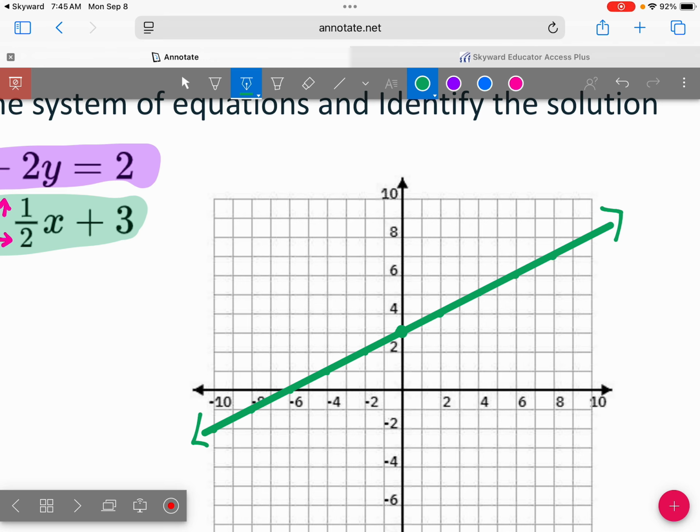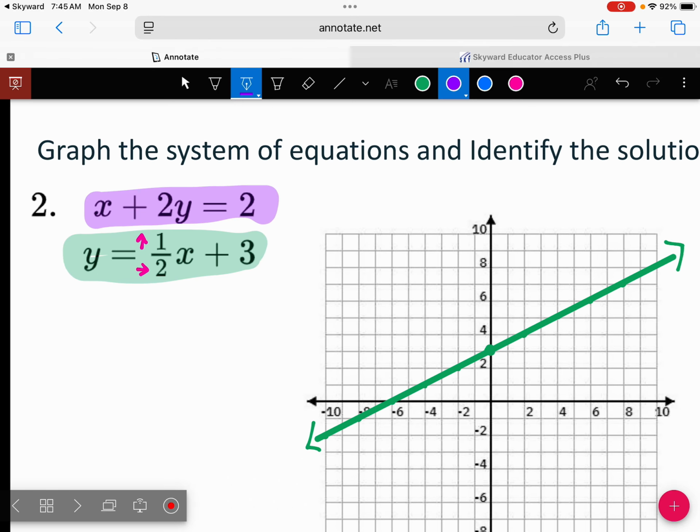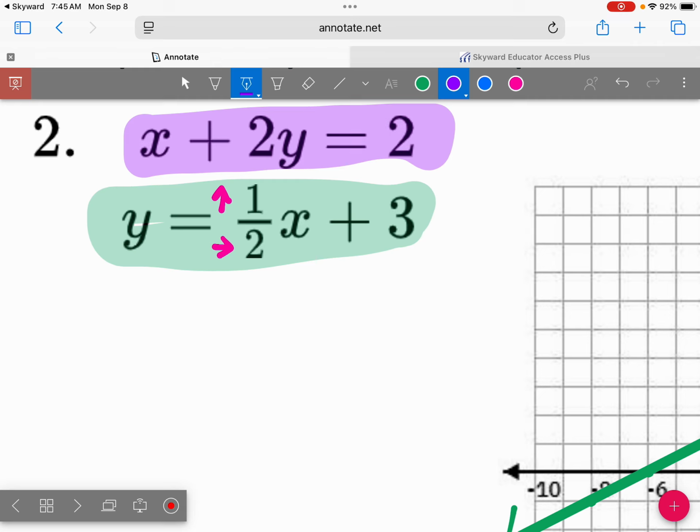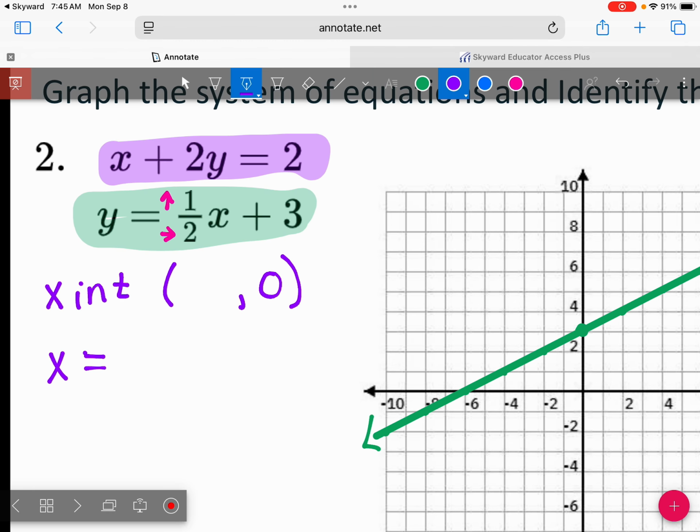For the purple one, again, you could switch this around into slope-intercept form. We could find our x and y intercepts. If I want to find my x and y intercepts for that purple line, my x-intercept happens when y is 0. So that means we're thinking about when x plus 2 times 0 equals 2.